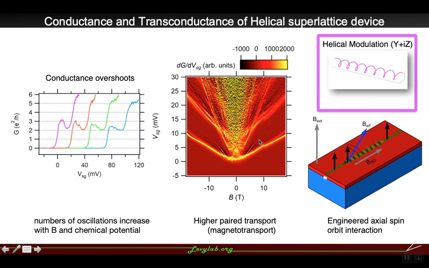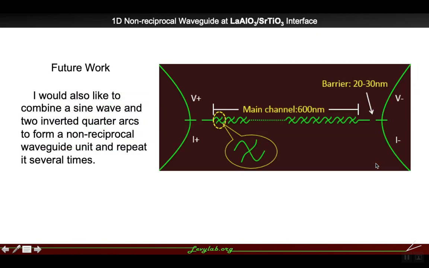And in the transconductance figures, it shows some different fractal structures. From the schematic figures you can see the effective magnetic field is in a different direction because it combines the magnetic field we apply and the spin-orbit interaction magnetic field.